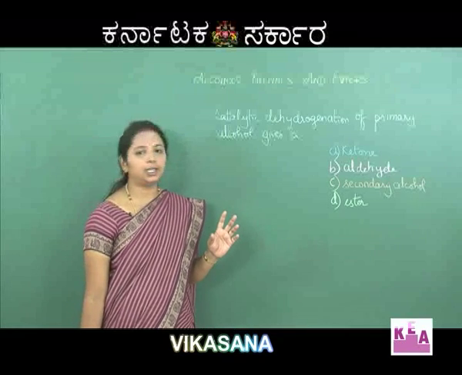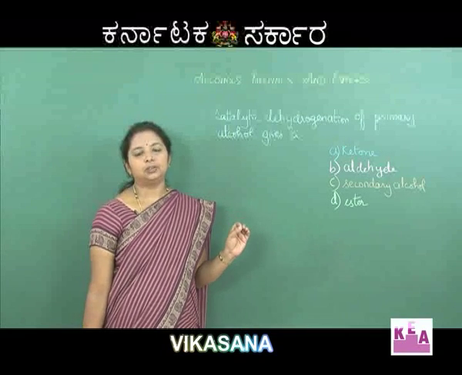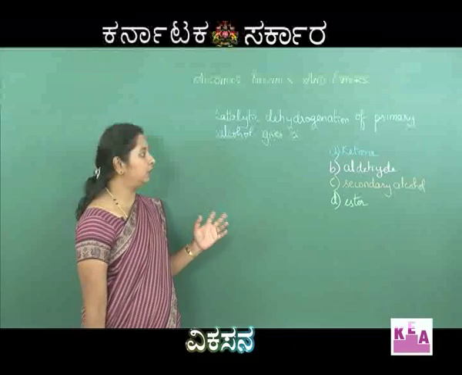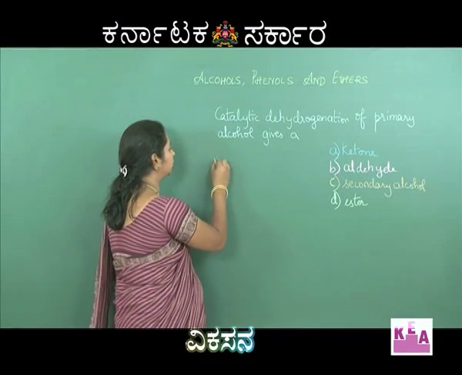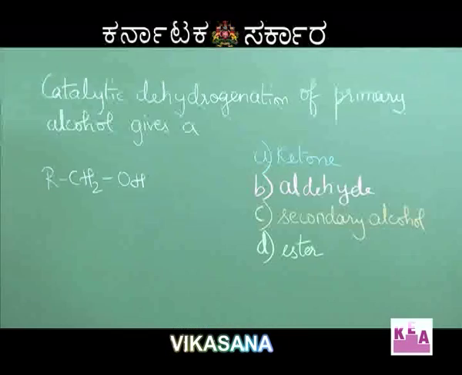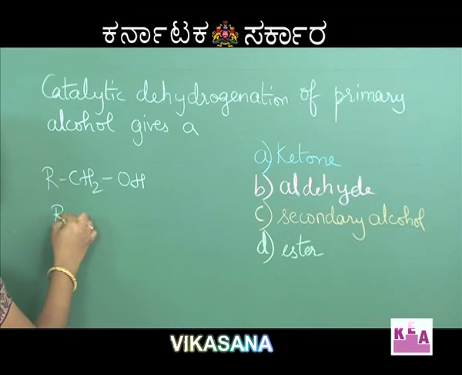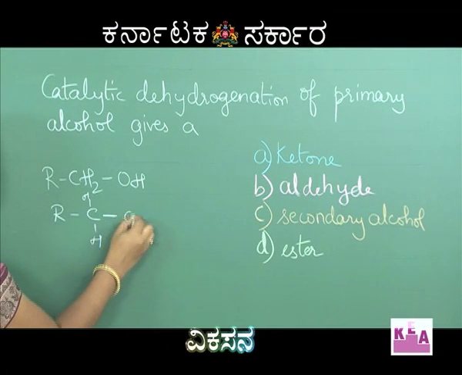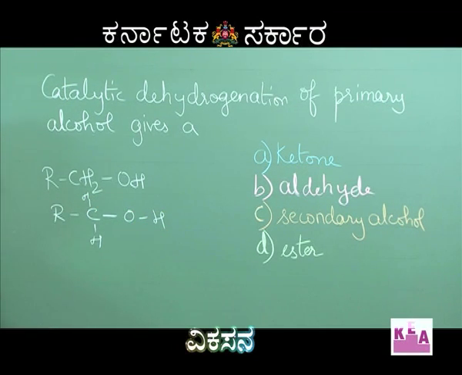So, when we consider this, what happens when a primary alcohol, which we can write as RCH2OH, I can write it as RCHHOH.